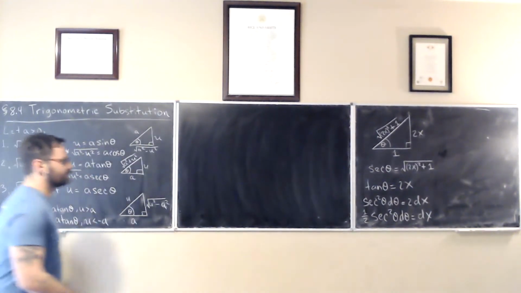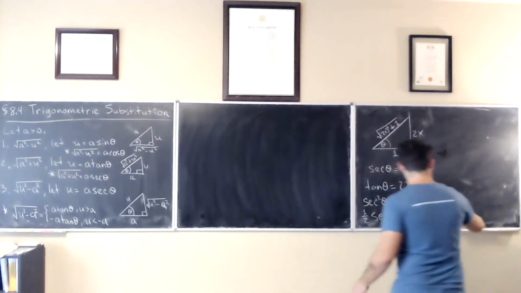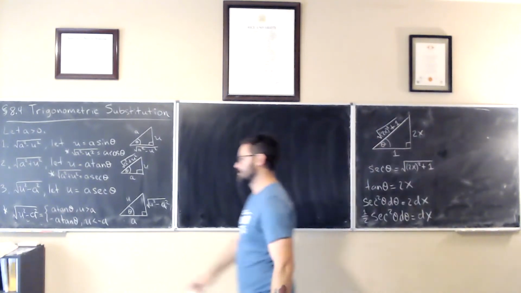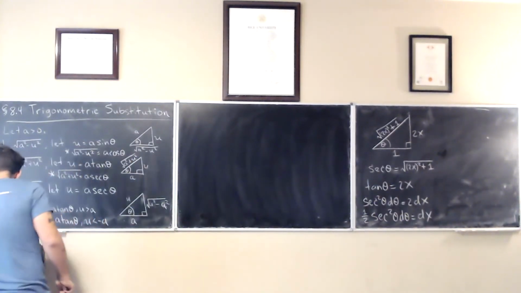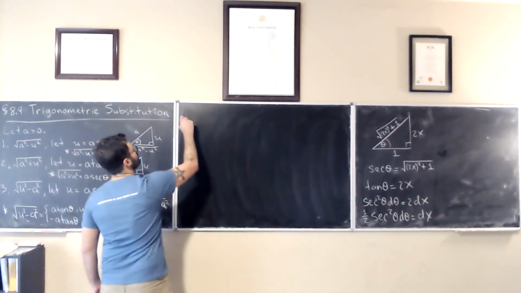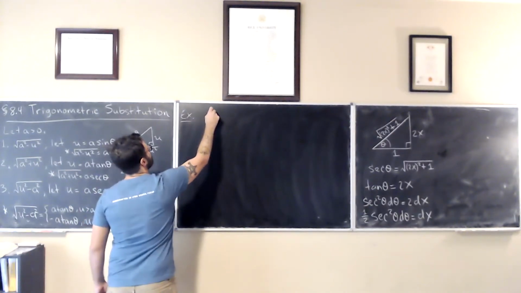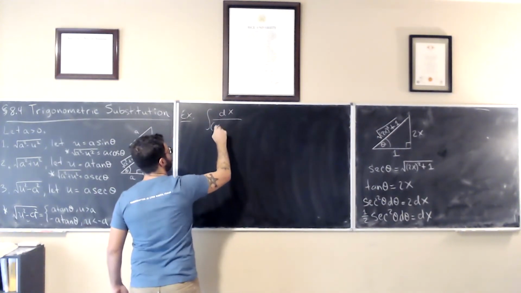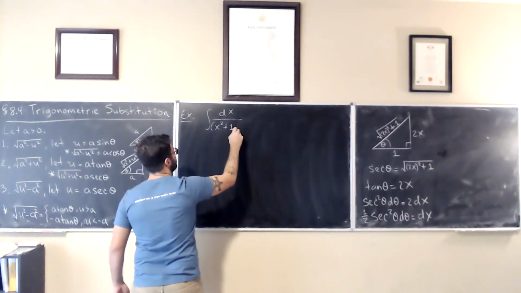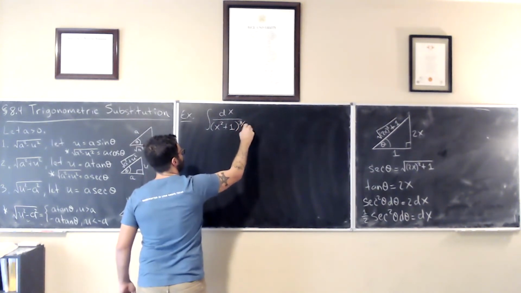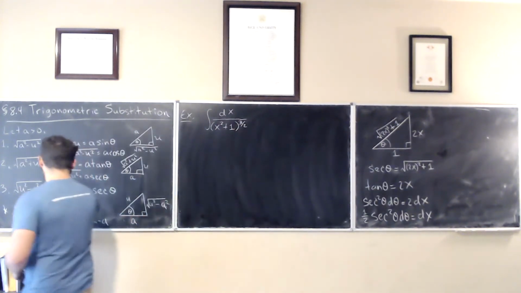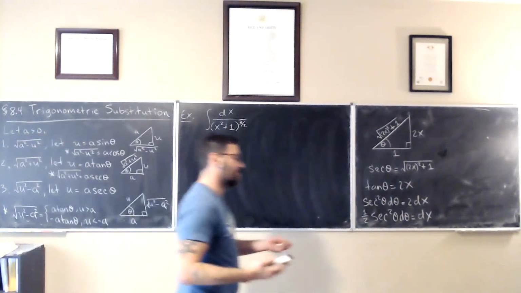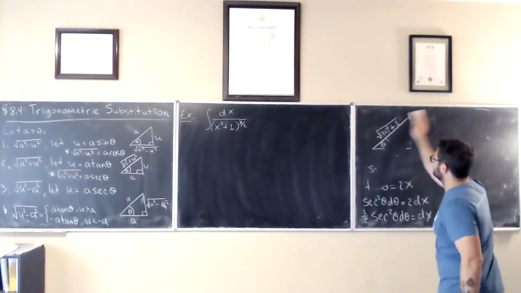X squared plus 1 to the 3/2. Okay, so the integral of dx all over x squared plus 1 to the power 3/2. Now I don't see immediately a radical square root sign.